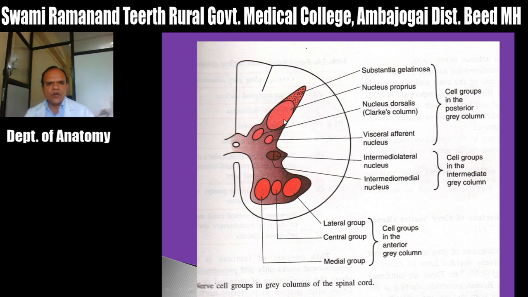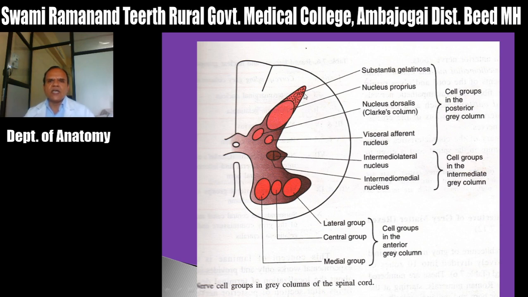And this is the posterior horn. The posterior horn is sensory. It receives all sensations, whereas the anterior horn is motor. It gives the various motor neurons. Now this posterior horn has four nuclei.